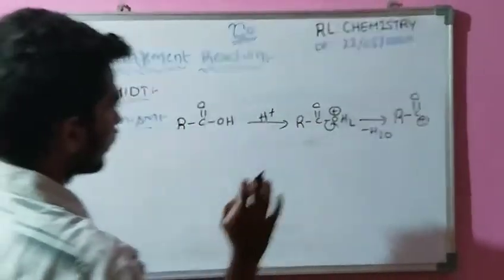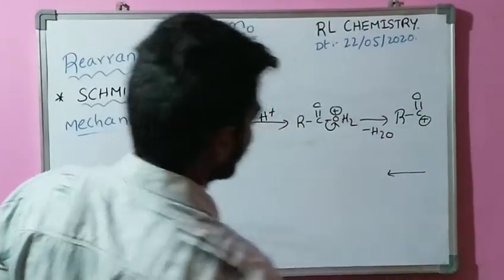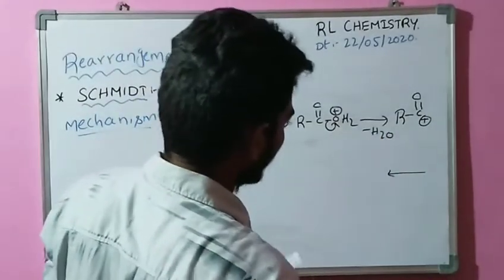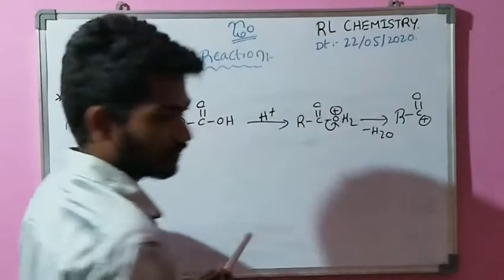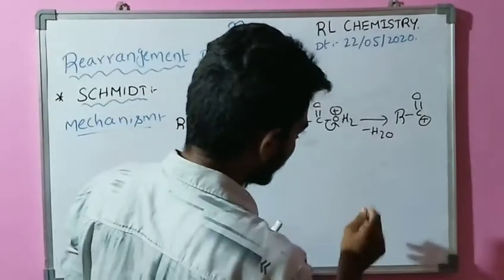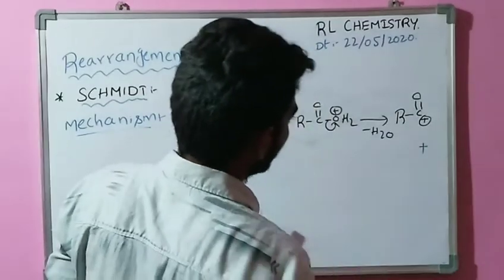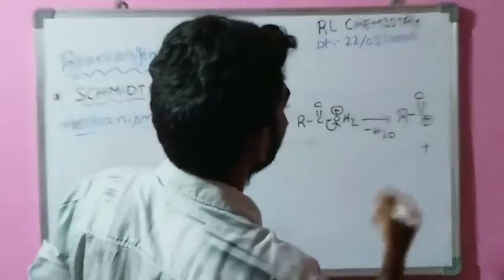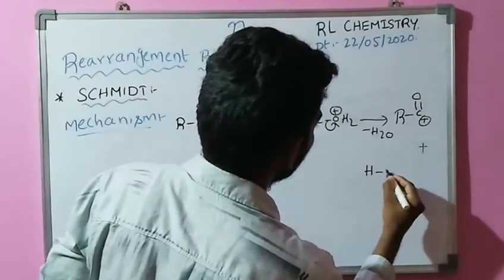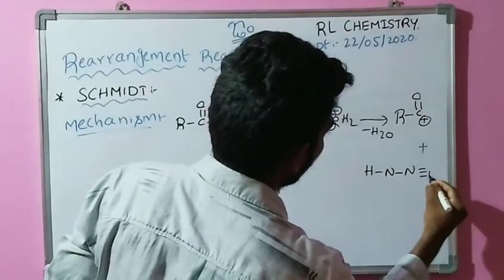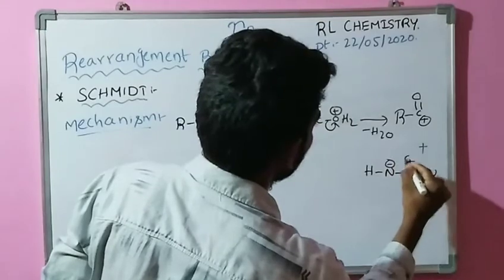Now this carbocation is treated with hydrazoic acid, that is H bond N triple bond N. Here there is a minus charge and here a plus charge.